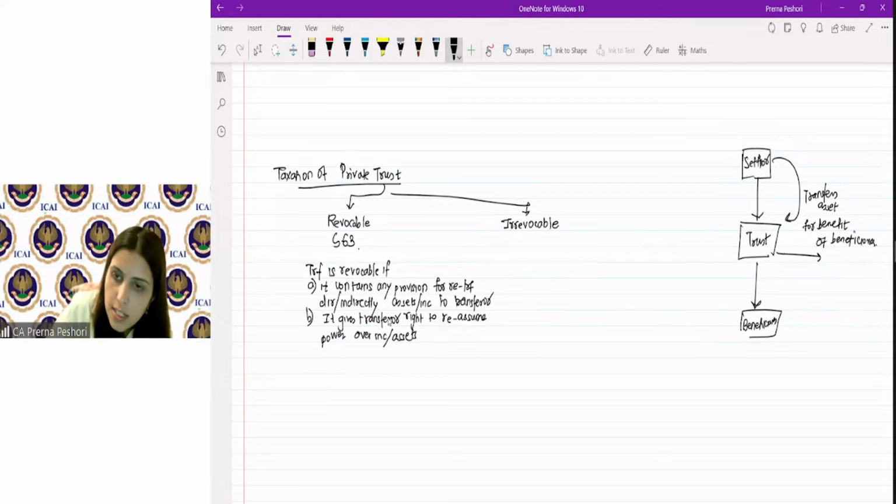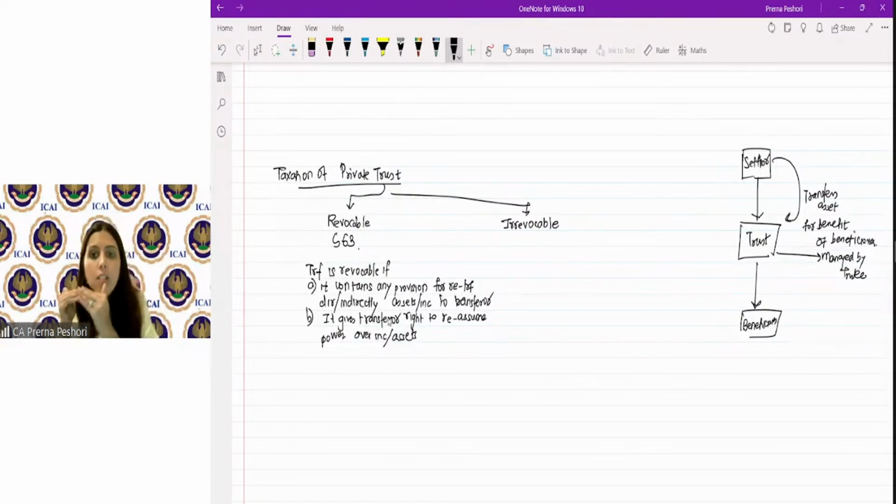And this trust is managed by the trustee. Now, let's say, for example, when the settlor transfers the assets, but it is not for the benefit of beneficiaries, but for his own benefit. So, he has a right to reassume the power over the assets. Or he is transferring to the trust to transfer the assets back to him after a certain point of time. That is a revocable trust.